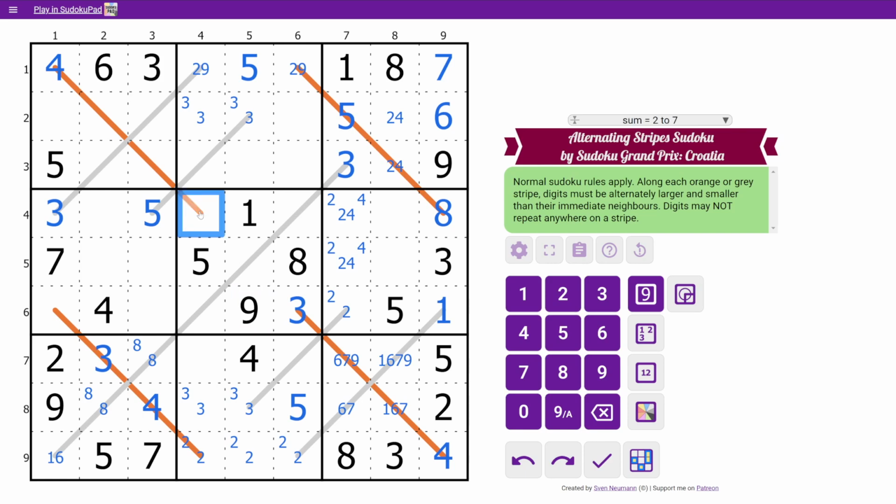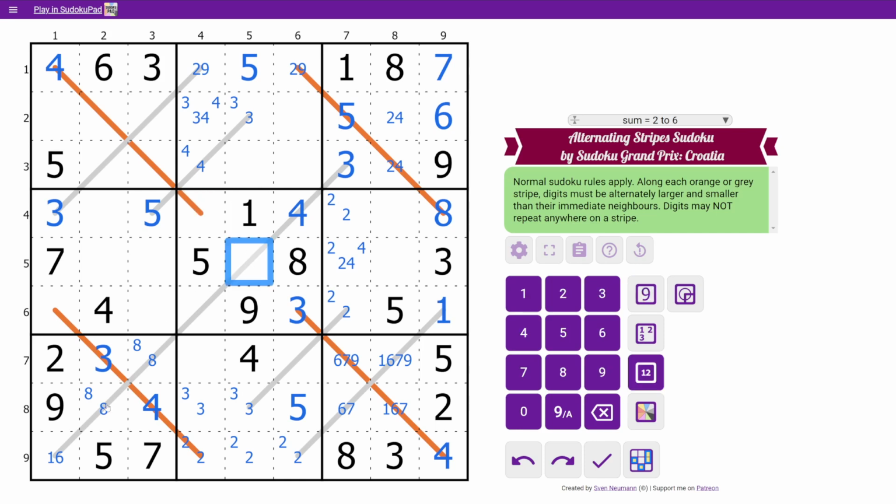A 4 can't go here. A 4 can't go here. A 4 has to go there. So a 4 has to go in one of these. What about a 5? Okay.